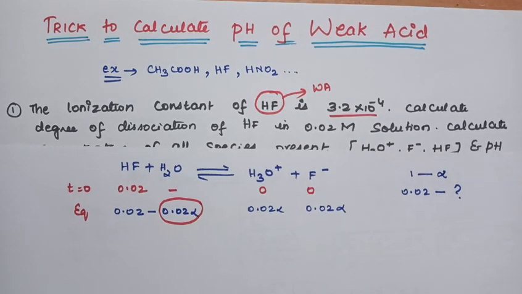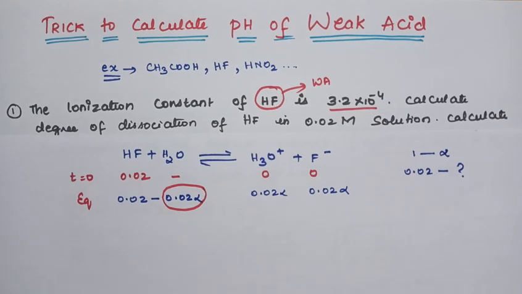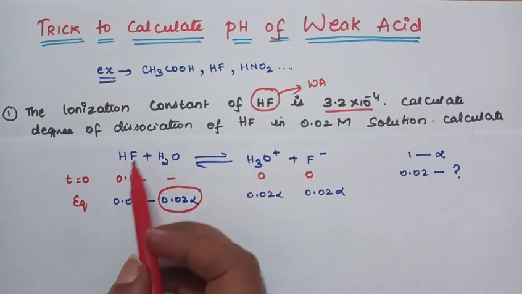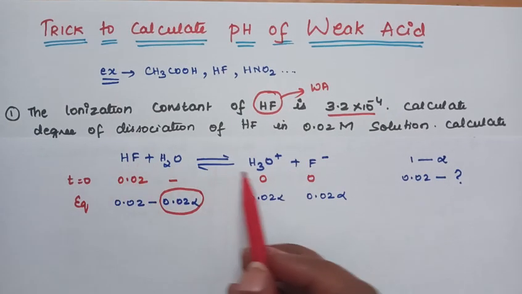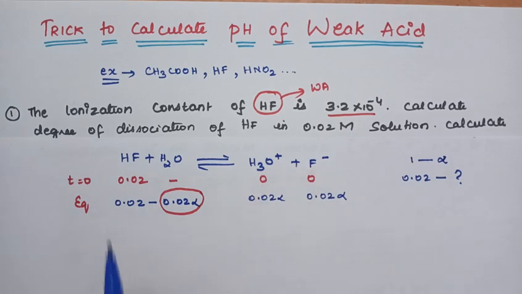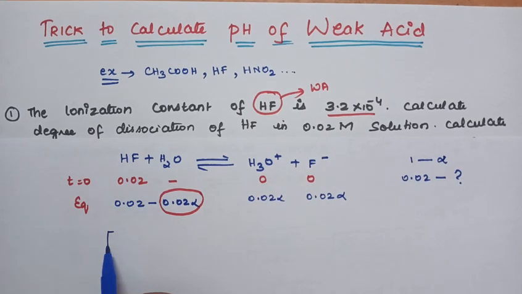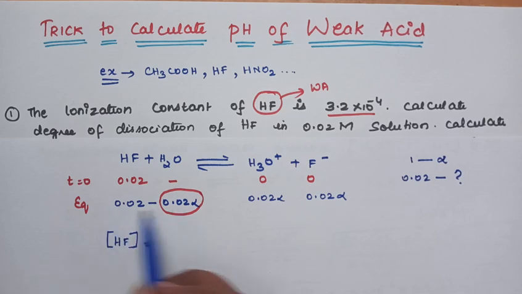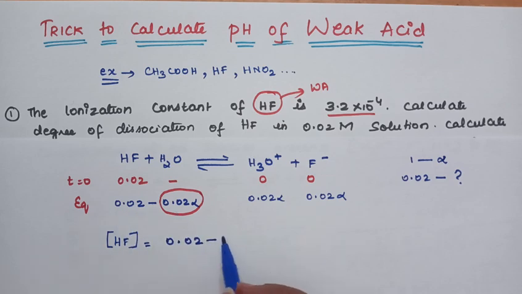Now we have to find the concentration of these 3 species: HF, H3O plus and F minus. First let us find the concentration of HF. The concentration at equilibrium is 0.02 minus 0.02 alpha.